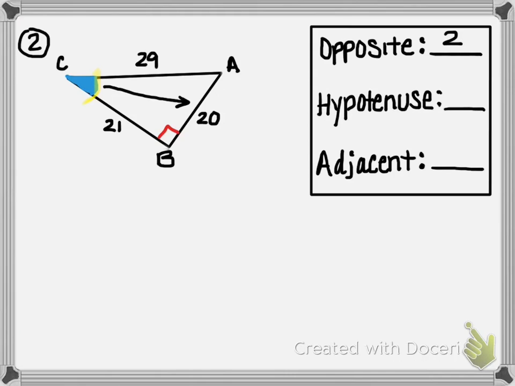So 20 is my opposite. And I'm going to erase that so we have room. Then I need the hypotenuse. Remember, hypotenuse is always the longest side, so that has to be 29. And since I've already used 20 and 29, the adjacent side has to be 21 because it's right next to my angle.